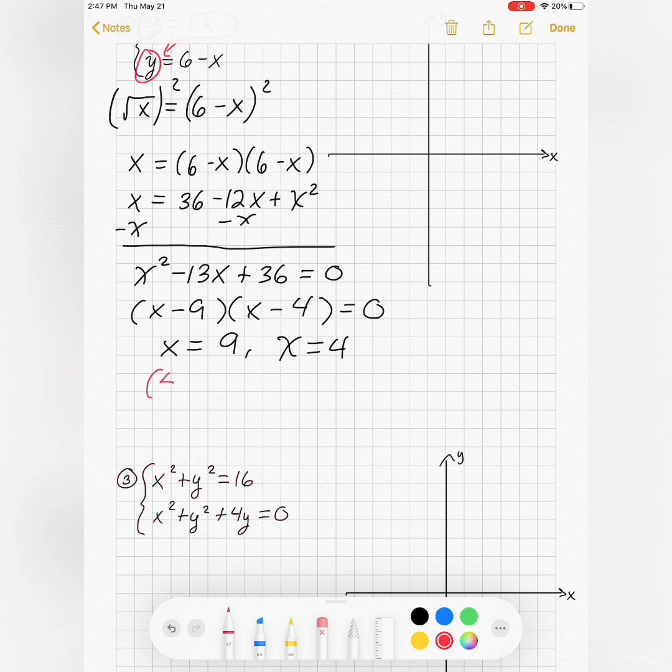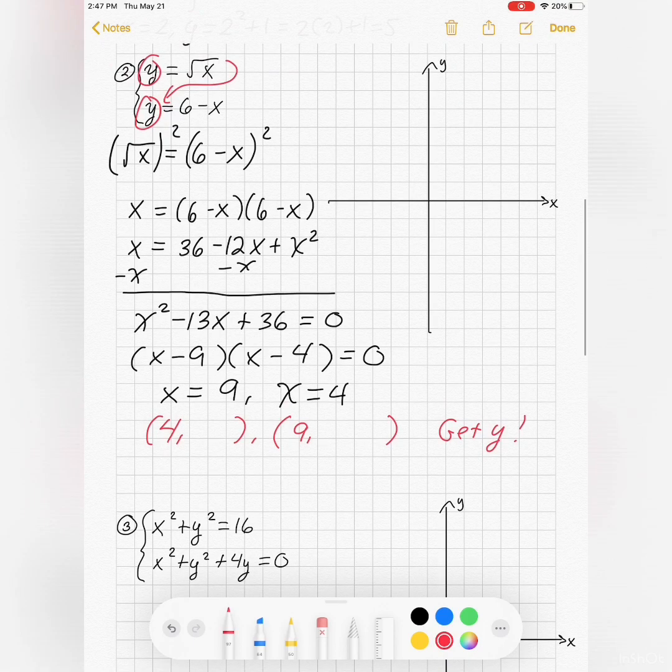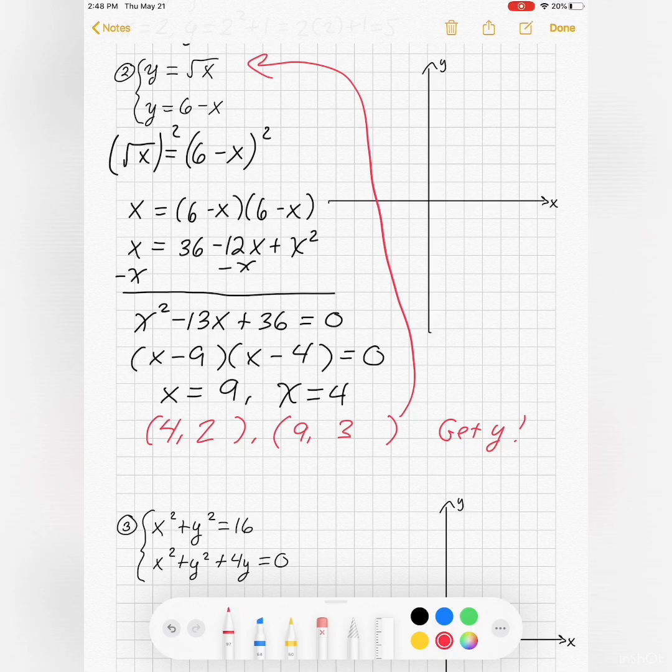So now I set up my pairs, but remember I still have to get the y. So if I take these values and plug them in up here, the square root of 4 is 2, the square root of 9 is 3. So it looks like I have two solutions.